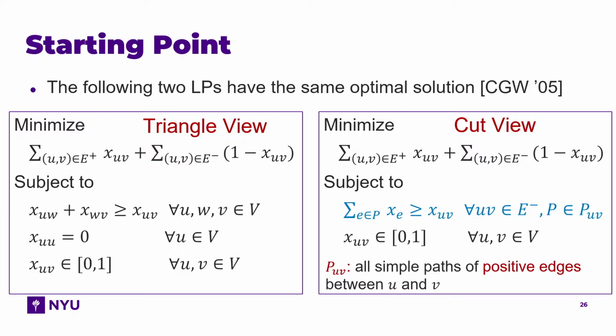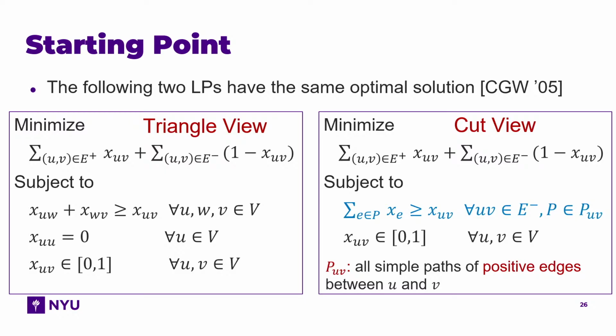We consider a pair of negative edge. In the triangle inequality, we consider all pairs, but here we only consider a pair of negative edge. Then we say that if you cut this negative edge, then you consider all possible paths. This path is all simple paths of positive edge. This is different from the left side, which might use some negative edge. Here we only consider all simple paths with positive edge between u and v.